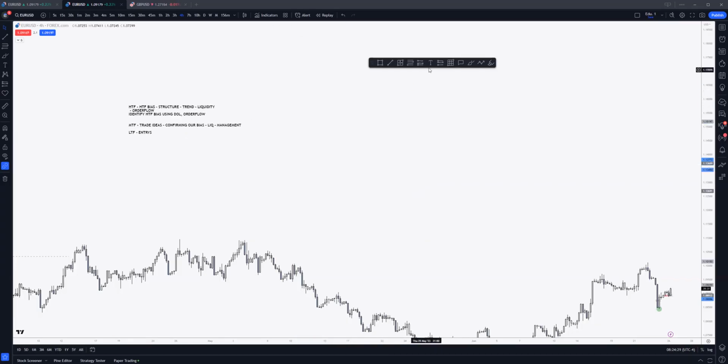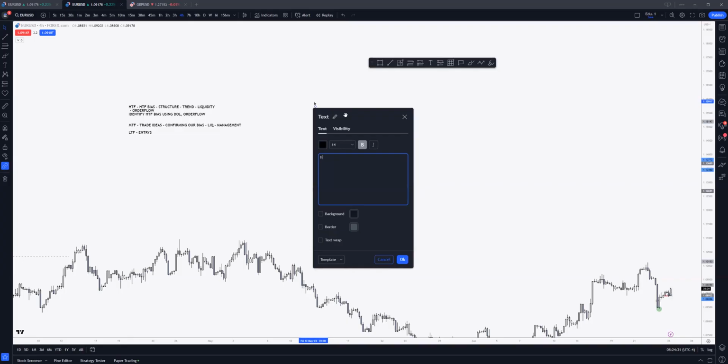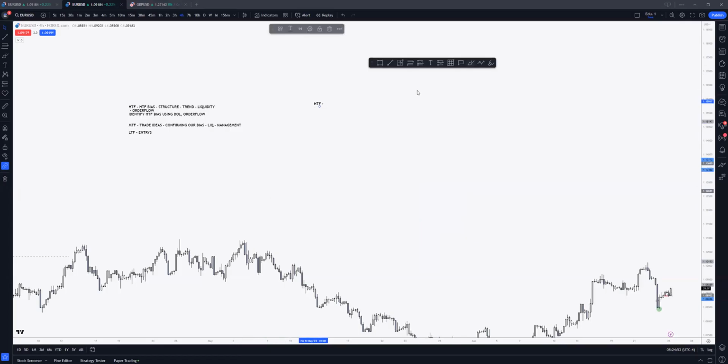Okay, so let's look at this again and go HTF. If we can sum up the HTF into one, two or three words, what would that be? Order flow. Okay, it's all order flow though, but that's not a wrong answer. Let's get a little more for the framing of our system here. How can we identify what the roles of these three things are in our trading plan?